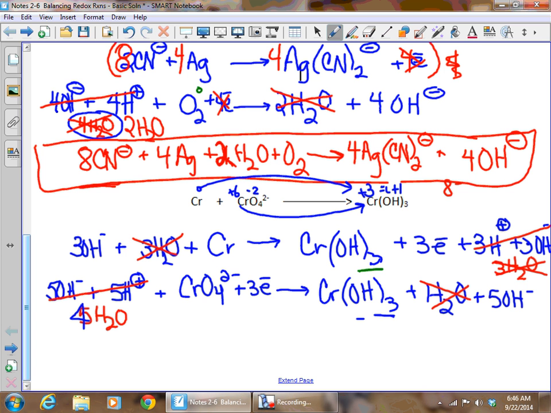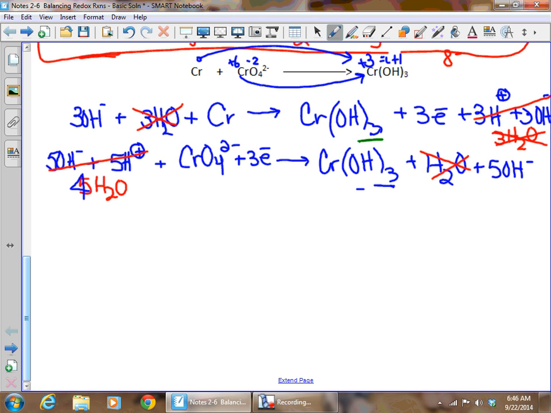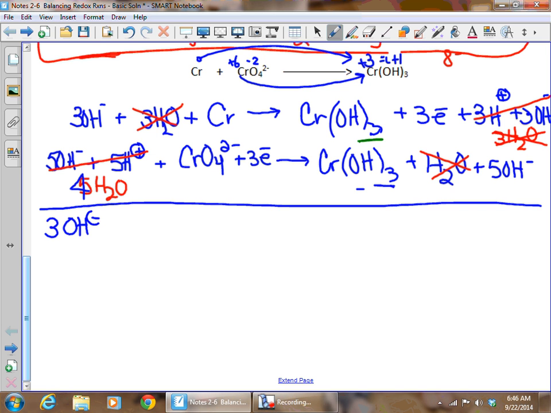So let's see what we have going on here. Okay, so I'm going to extend the page a little bit so we can get a better look at this. Let's write our final reaction and see if there's anything else that we can cancel out. Looks like we've got 3 OH minuses and a chromium, 4 waters, and our CrO4 2 minus.